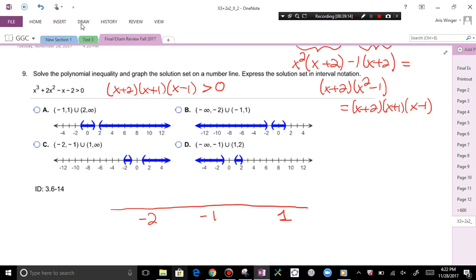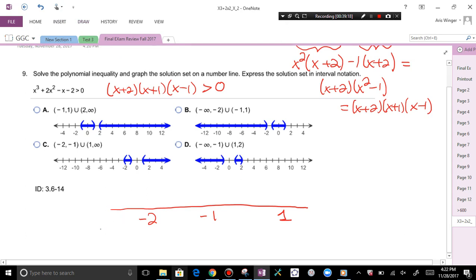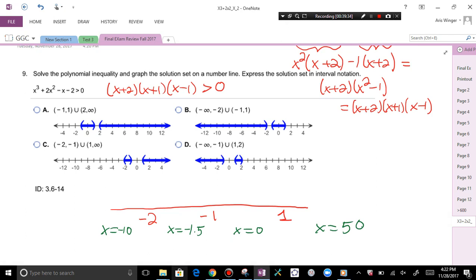And pick values in each one of these places, right? So x equal to -10, x equal to -1.5, x equal to 0, x equal to 50. Right? And you need to check the sign of each one of these things.